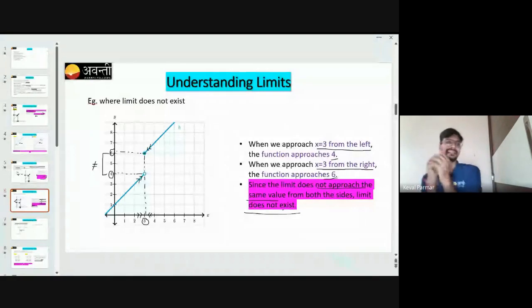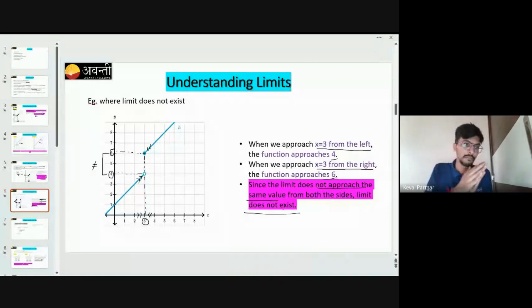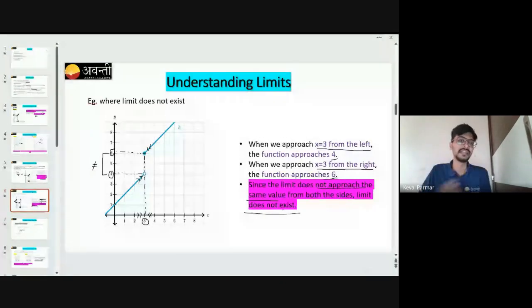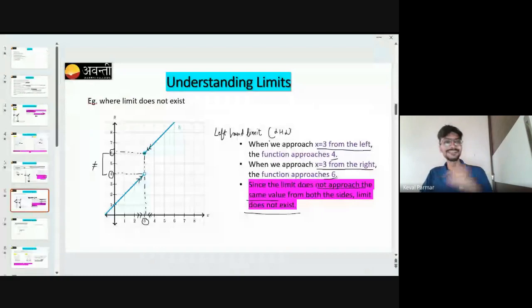Let me introduce you to one more term. The limit of a function as we approach from the left hand side is called the left hand limit, or in short, LHL. Similarly, you can obviously assume what the limit of a function will be if we approach from the right hand side.